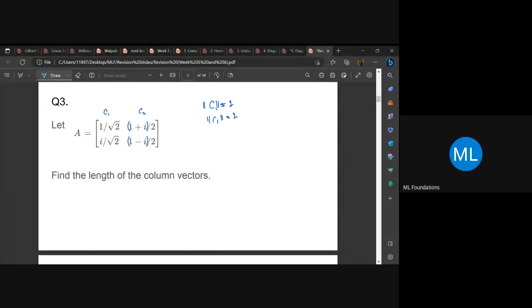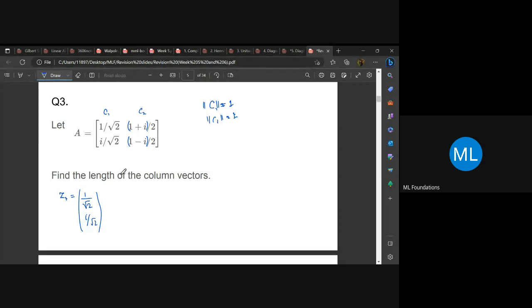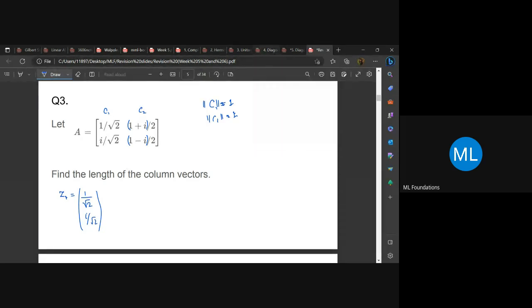All right. Let's do this. Let's take your z1 to be 1 by root 2 and i by root 2. Now we need to find what is the length of this vector. Length is nothing but the norm, right?